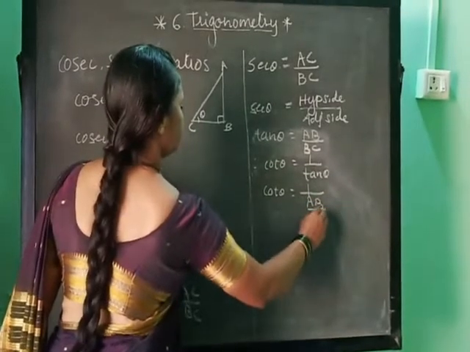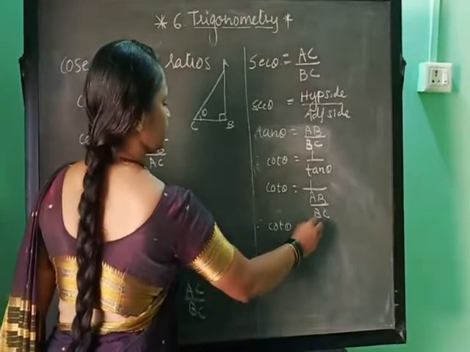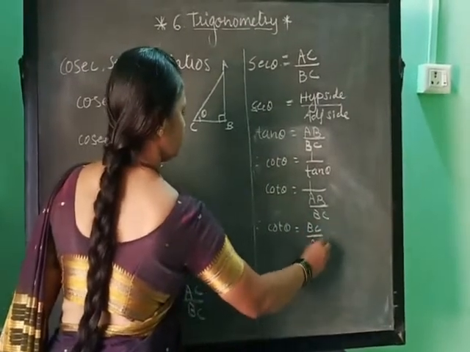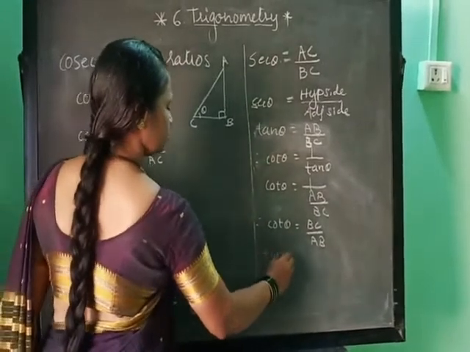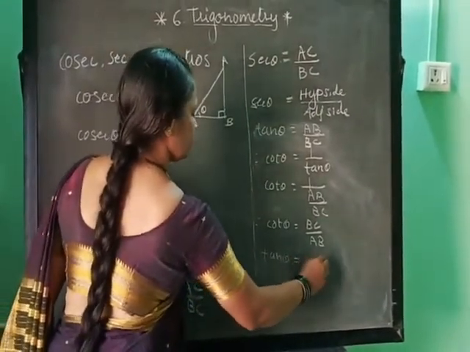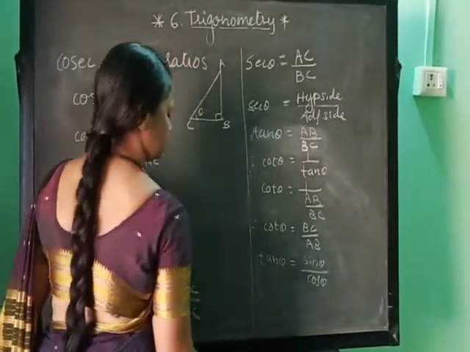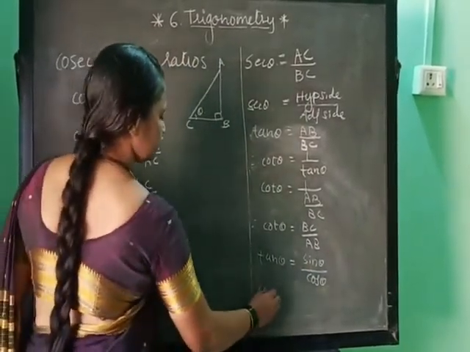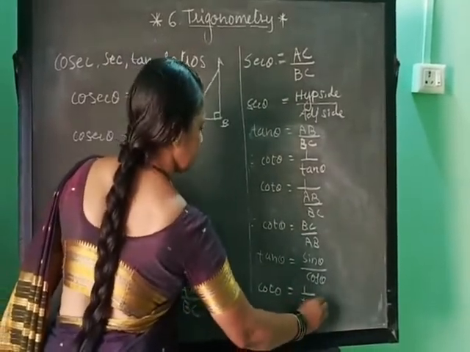AB upon BC. Therefore cot theta is equal to BC upon AB. Similarly, we know that tan theta is equal to sin theta upon cos theta. So cot theta is equal to 1 upon tan theta.